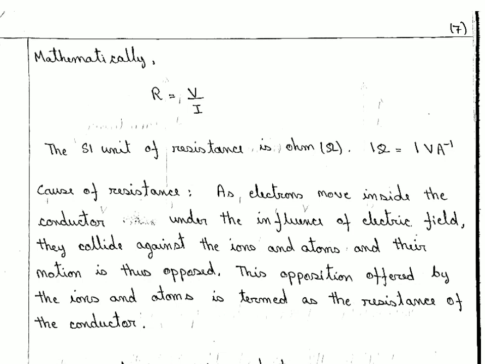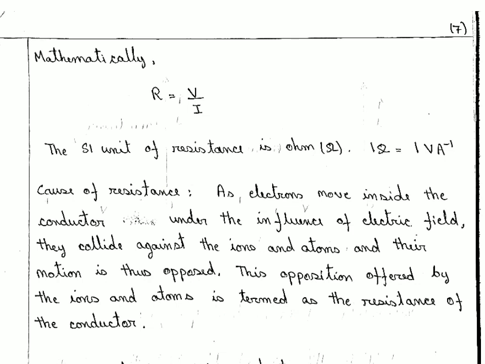If there are more positive ions, the resistance will be large. If there are fewer positive ions and atoms, the resistance will be low. So that is the cause of resistance in the conductor. And as we shall learn, resistance is not always constant. It depends upon temperature and some other factors, which we'll learn later.